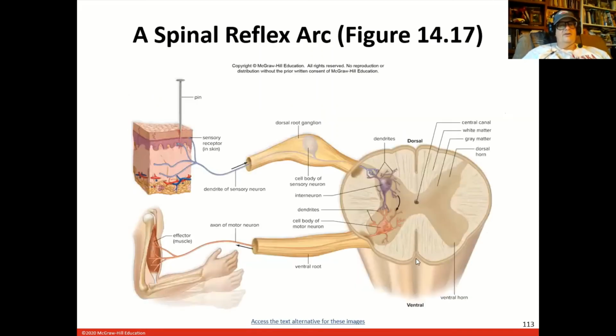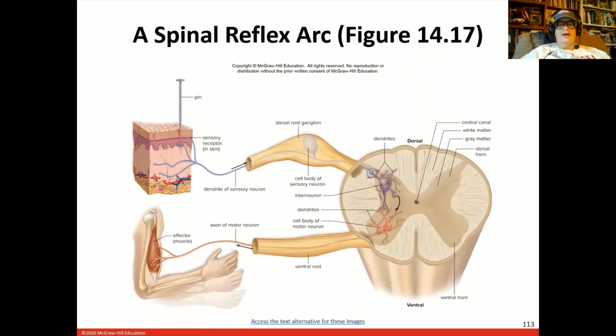What we're talking about here is, oh, I've been stabbed by a pin or something horrible. The example I used earlier was you touch a hot stove. That signal goes to the spinal cord, and without the brain ever being involved, interneurons are like, we must solve this problem. And they send a signal down the motor neuron to the muscle to pull the hand away from the source of pain.